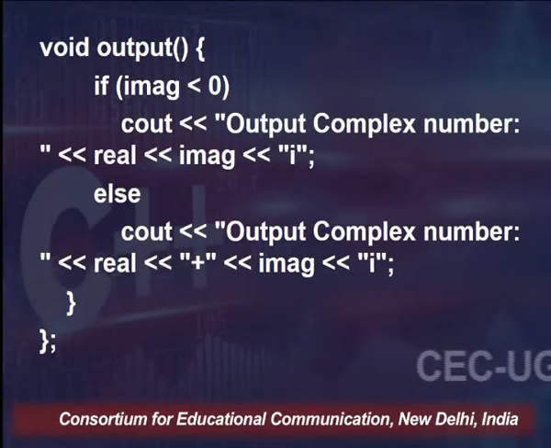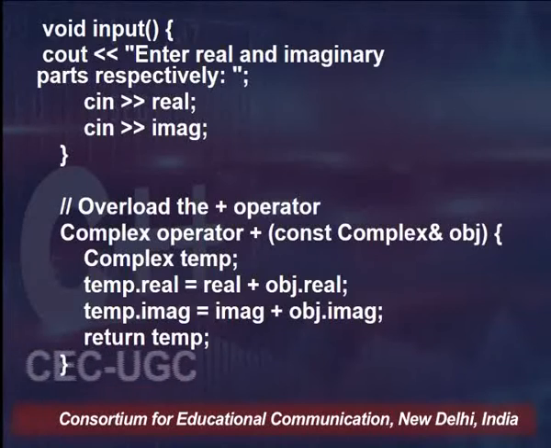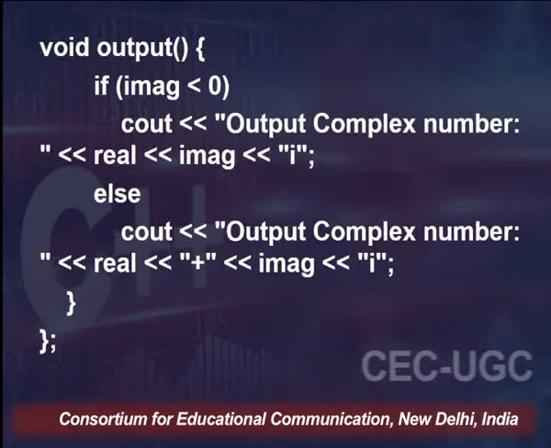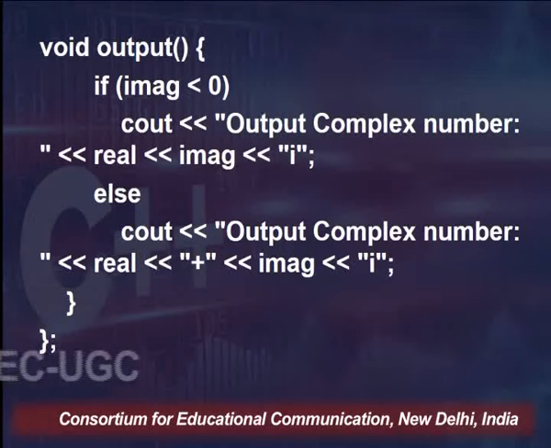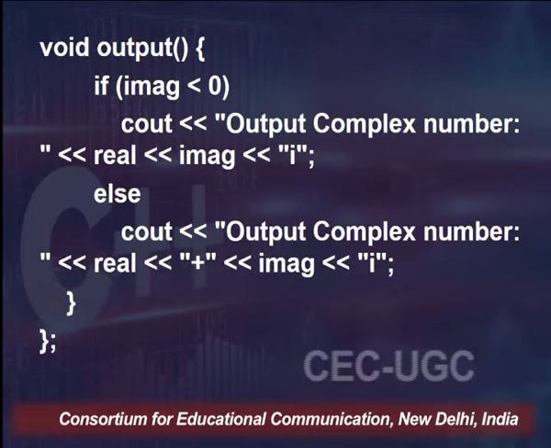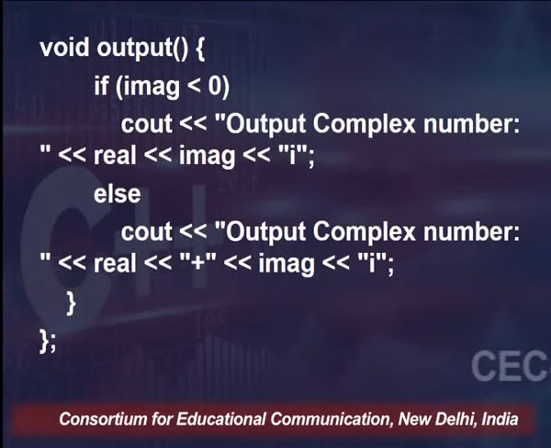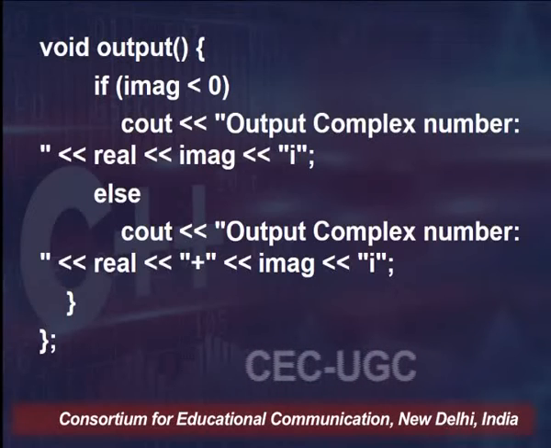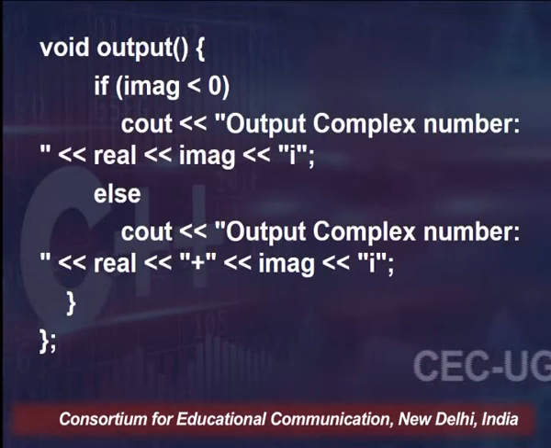Here we have taken an input statement, one constructor, then an input statement, then an operator to overload, and then an output function, which prints depending upon whether your imaginary part is less than 0 or not, and then there is the end of the class, which is shown by a closing curly bracket followed by a semicolon.